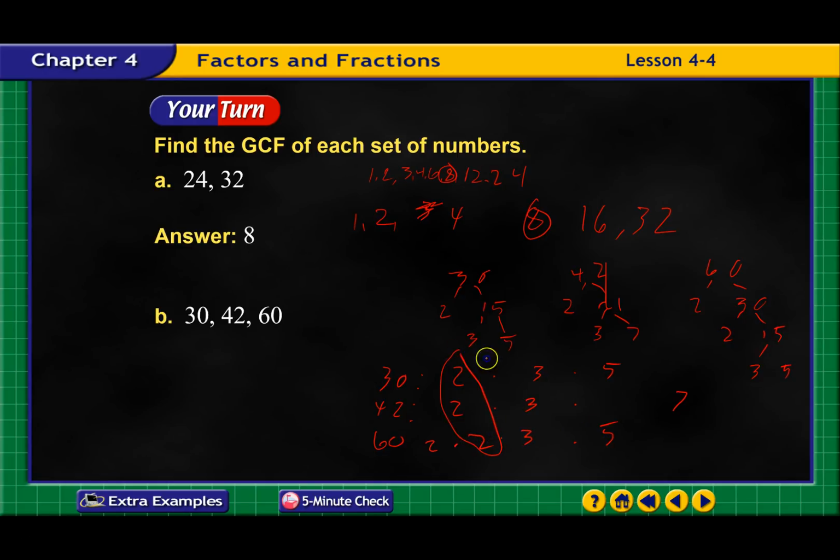So we have this one in common, this one in common, this one in common. So 2 times 3 is 6 times 5, so 2 times 3 times 5 is 30. I feel like I did that wrong. Yep. Oh, yeah, because this one's not here. 2 times 3, so 6. There's only 2 of them here, not 3.